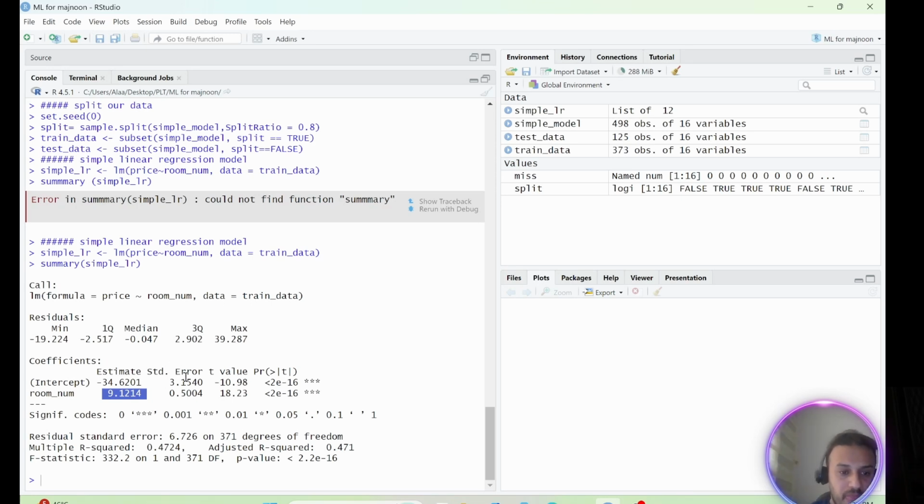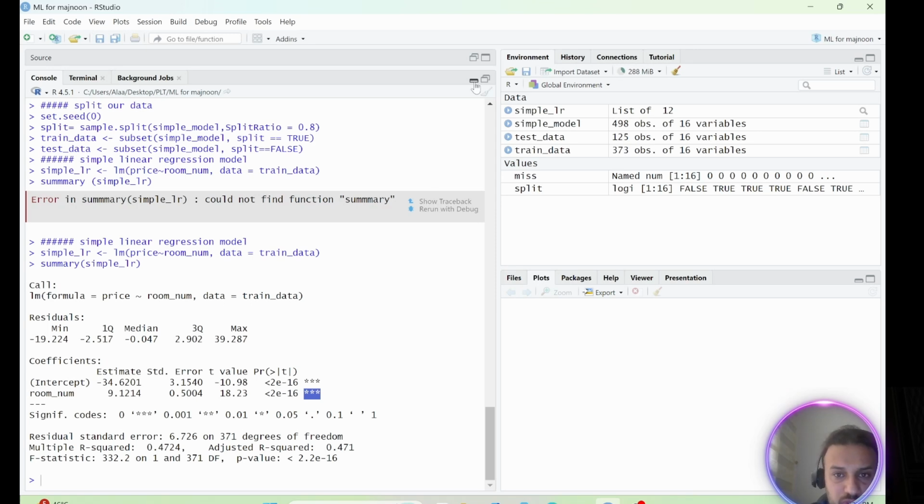And this is the standard error, which we covered in the previous video. This is the t value, and this is the p, the probability we calculated from the t. You can see we have 3 stars here. That means this is highly significant, meaning the room number is highly affecting the price. Because the p-value is very low, this variable is highly affecting our price.